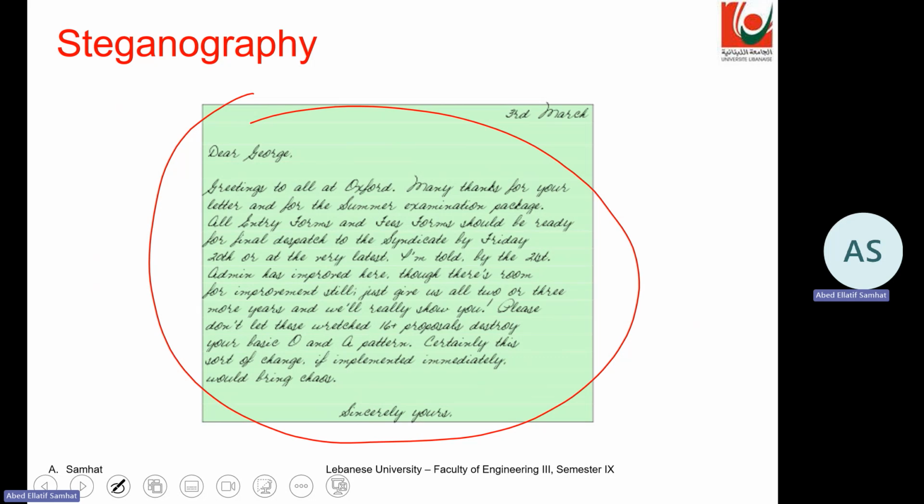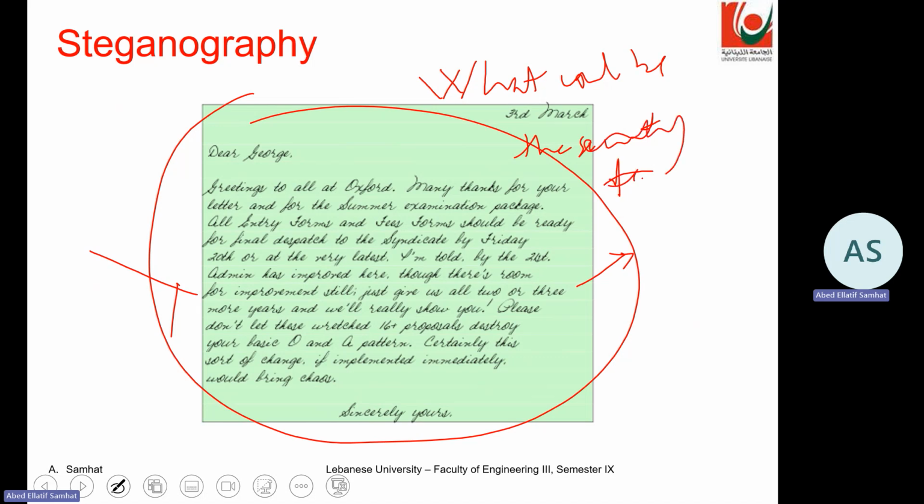This could be a secret key, and you try to extract that information, and when you extract it, you can have the message. So I will let you try to discover in this letter what the secret message could be. Sorry, what the encrypted text could be, because it's inserted here within this text.